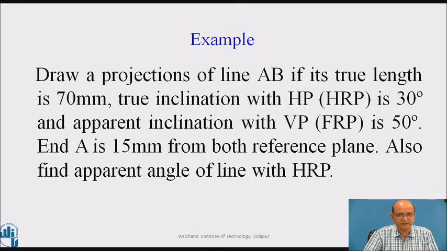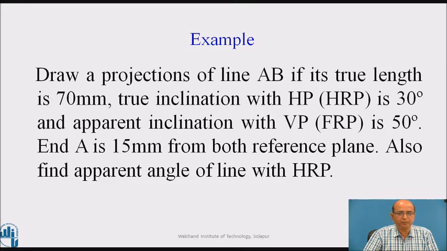Here true length is given, true inclination with HRP is given, and apparent inclination with vertical plane is given as 50 degrees. And end A is 15 millimeter from both reference planes.